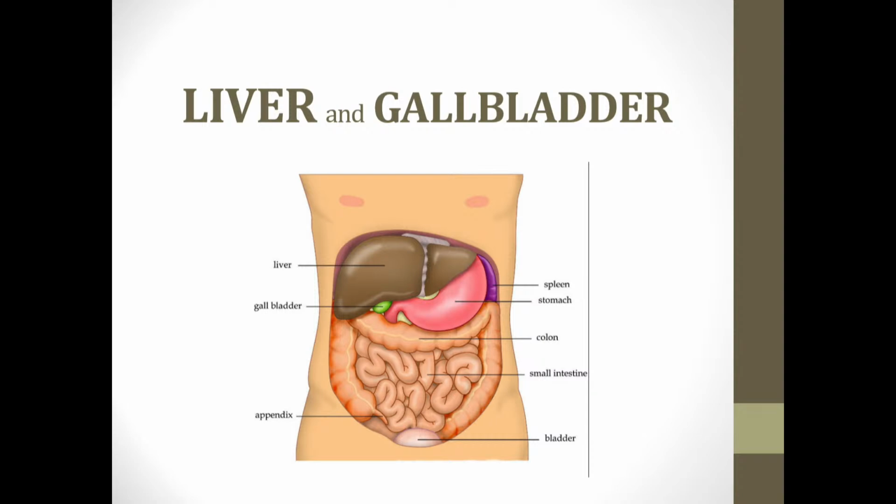Today we are starting to talk about very important organs. We know the digestive tract, and we have started to talk about the organs associated with the digestive tract. Yes, we know salivary glands.